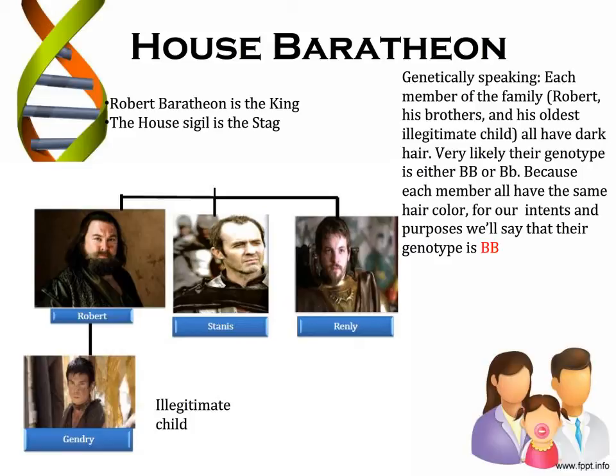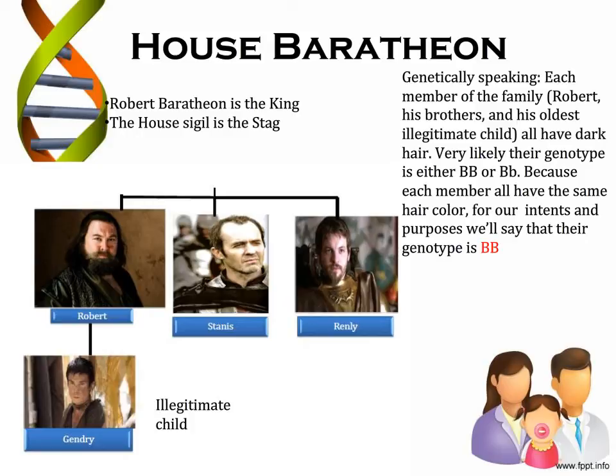If you look at the pedigree, this chart, you can see that Robert has fathered an illegitimate child. The series never shows who the mother is, but genetically speaking, if you look at all three of these men, they all have dark hair.